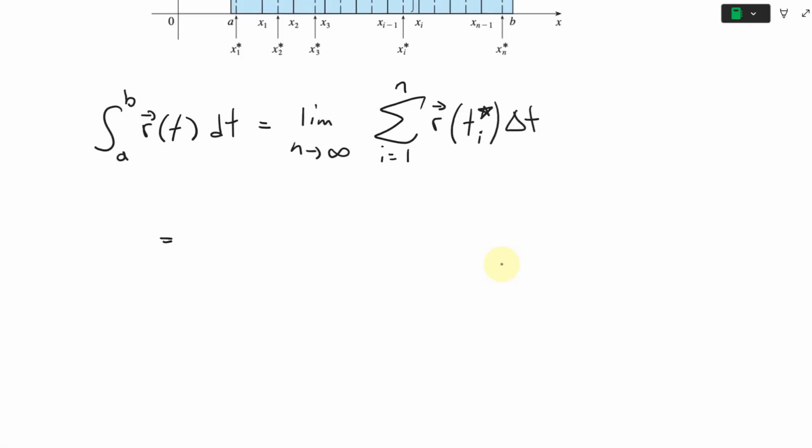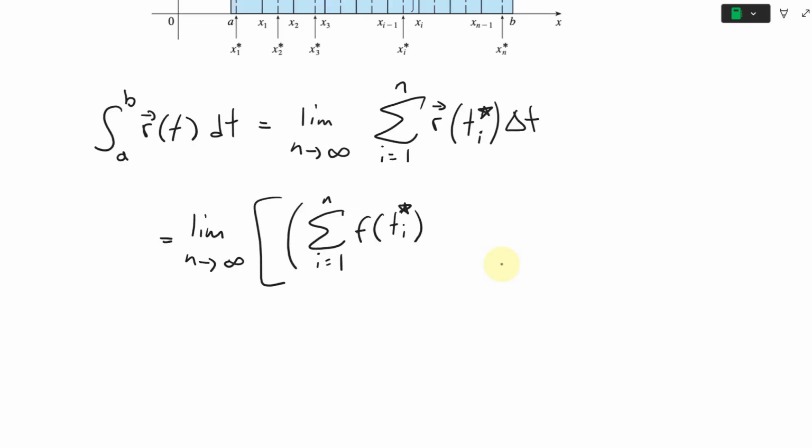It equals the limit as n approaches infinity of, now with all the components i, j, k, the summation from i equals 1 to n. First we have f, the x component, f of ti star, times delta t, in a big bracket, times the i component.